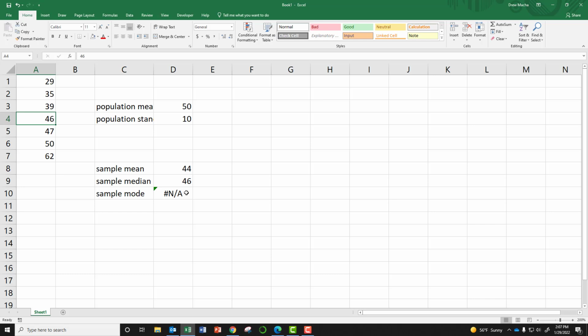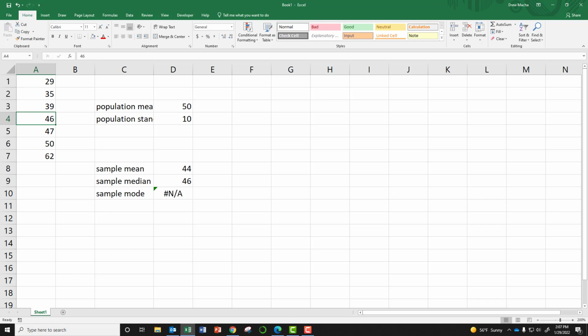And honestly, just as a little bit of editorial here, I don't think the sample mode really means anything for quantitative data, because having a measurement repeat itself does not necessarily mean that it's towards the center of the distribution.